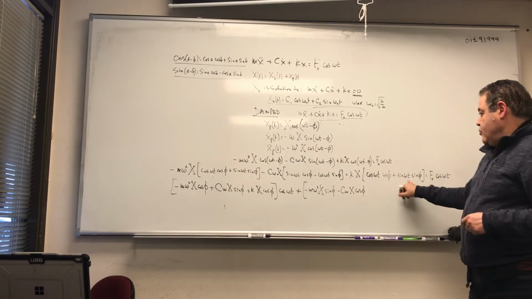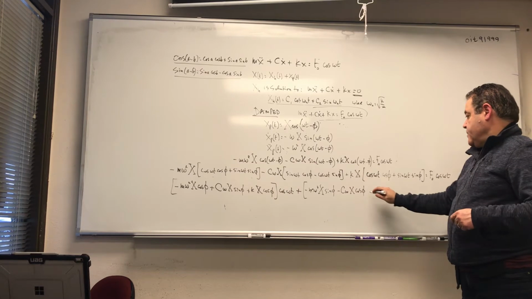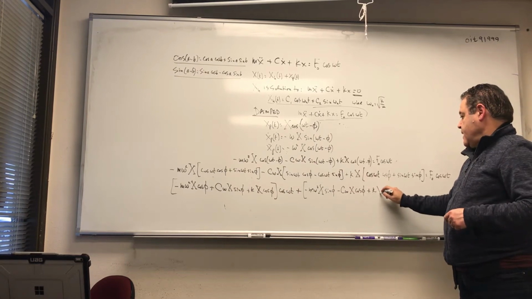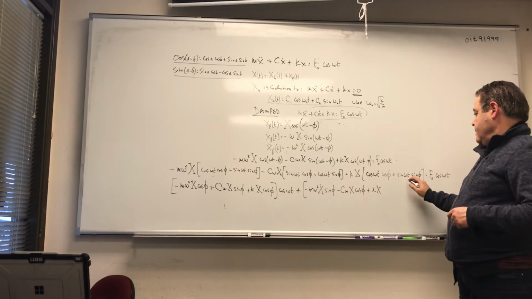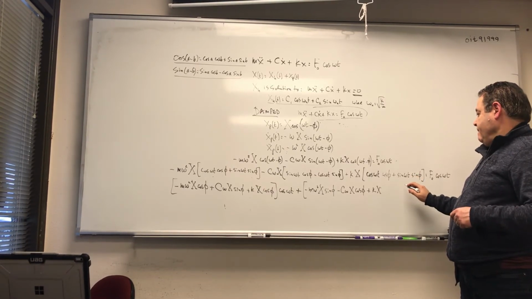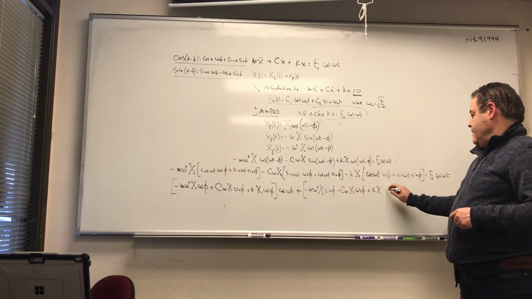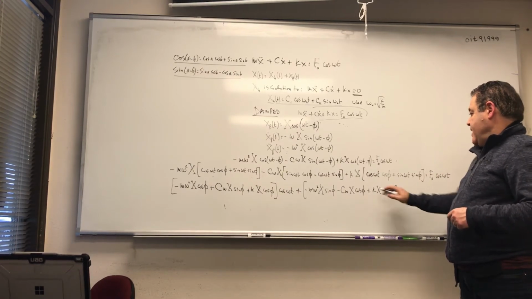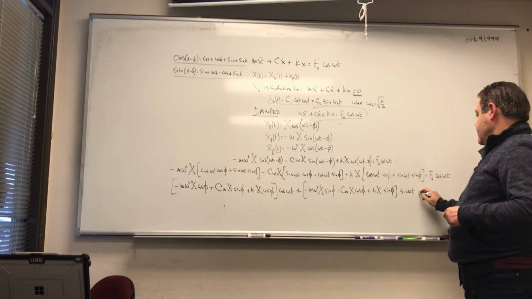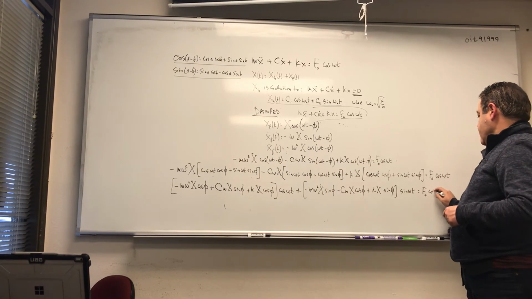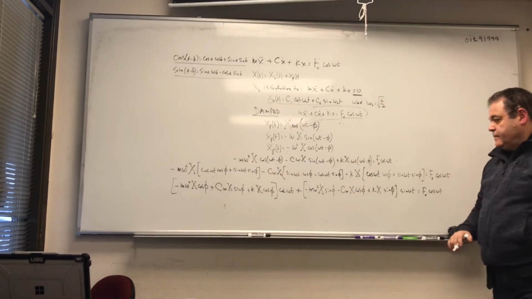And then there is a term in here, right? Which is plus k capital X times what? Times sine phi. So this big term here times sine omega t is equal to f0 cosine omega t.